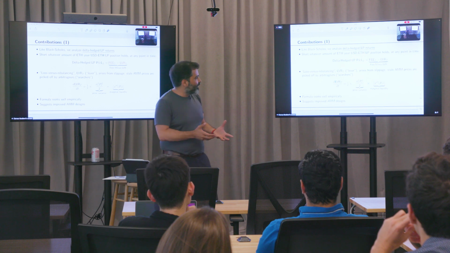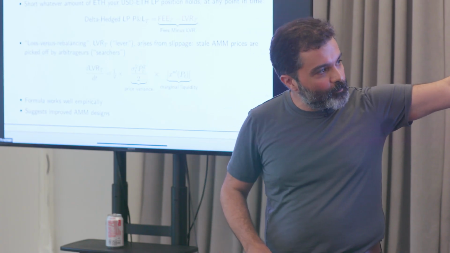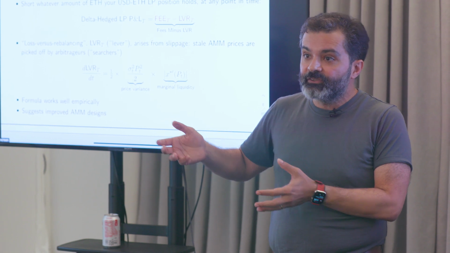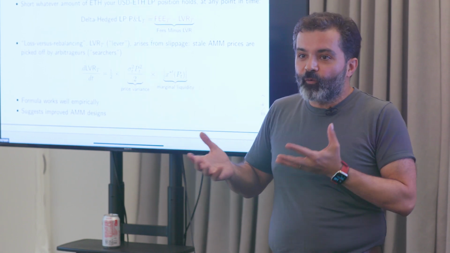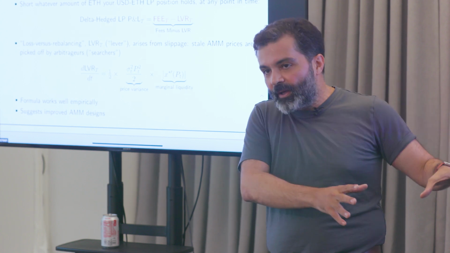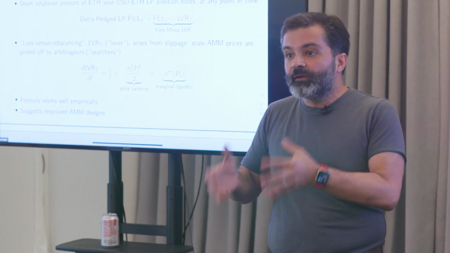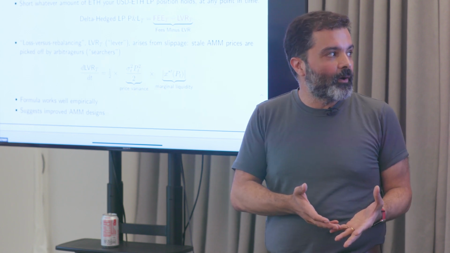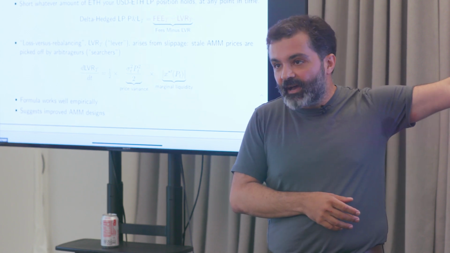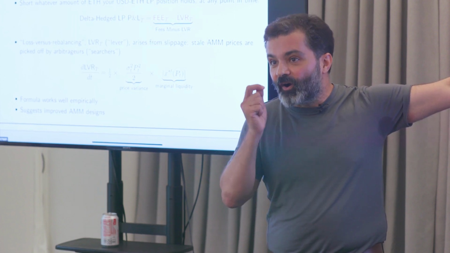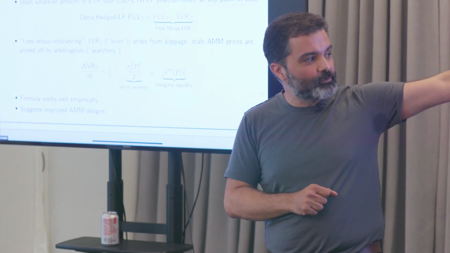And they will buy at the stale price on the AMM, sell at the higher price on the centralized exchange, and they will make money. Right? And of course, this is a zero-sum trade between the AMM LPs and the arbitrageurs. So any money that the arbitrageurs make comes from the pockets of the LPs, right? So this is the adverse selection because the pool does not know the current price. And there are arbitrageurs who do know the current price and are exploiting it.